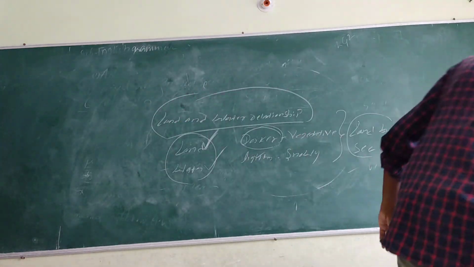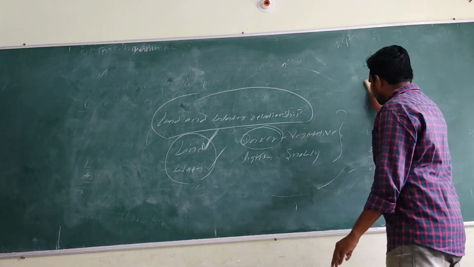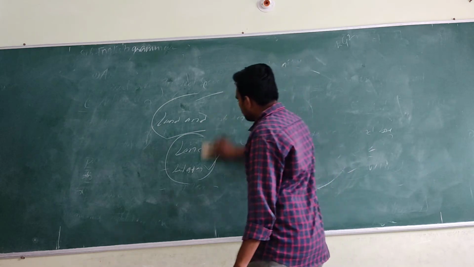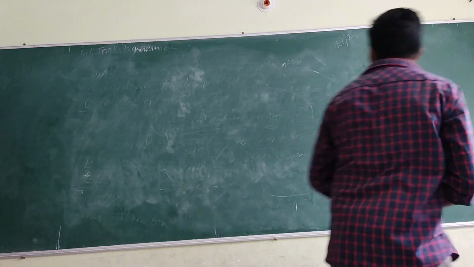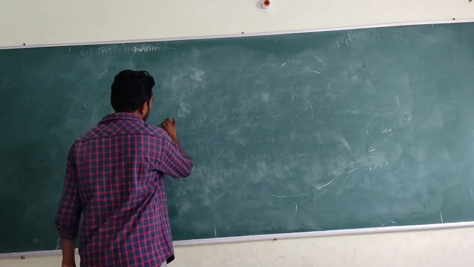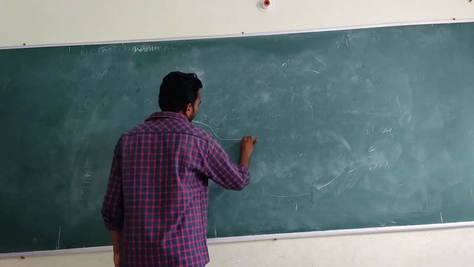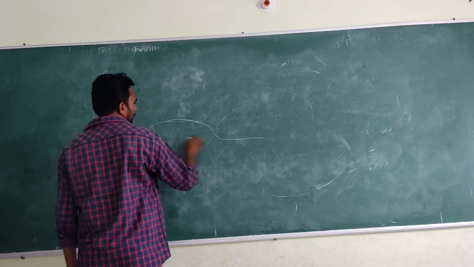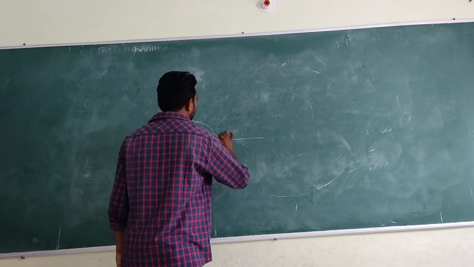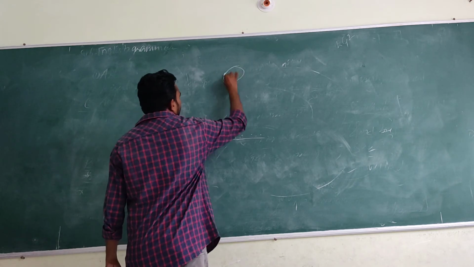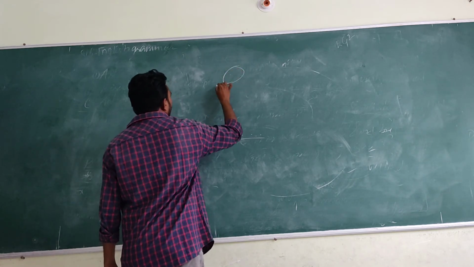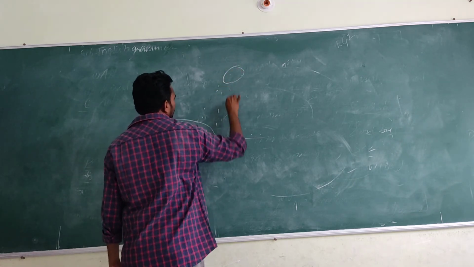Now we are going to discuss how the land and sea breeze occur. For example, take this as the area of land, and this as the area of water. This is the sunlight, the sun, and both receive the same amount of heat.